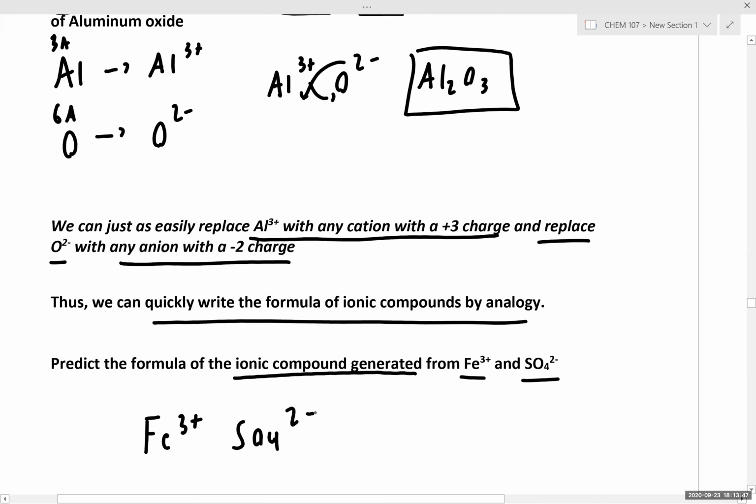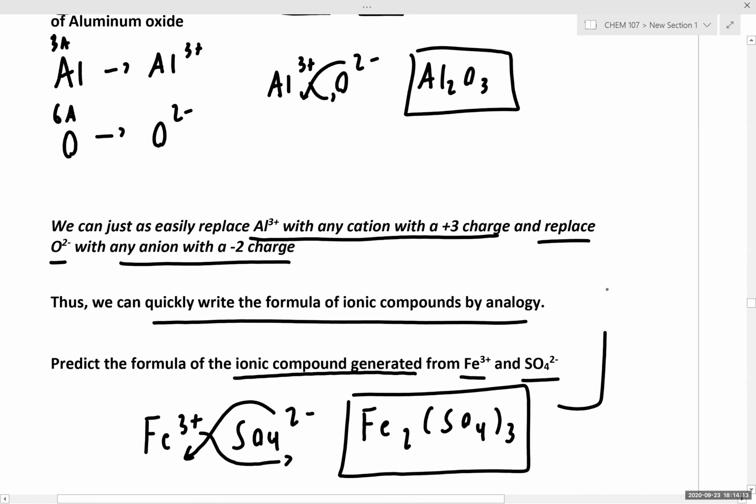What would the formula be for this compound if we cross our charges? We'd get Fe2(SO4)3. Perfect.